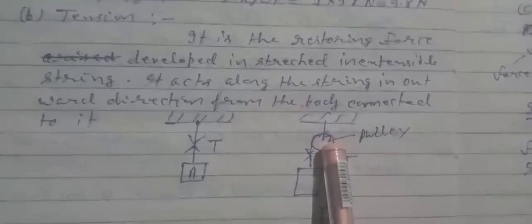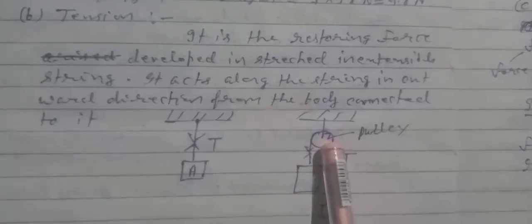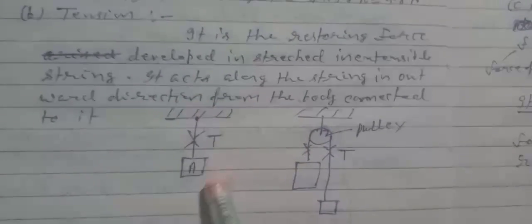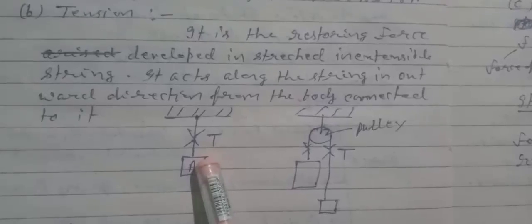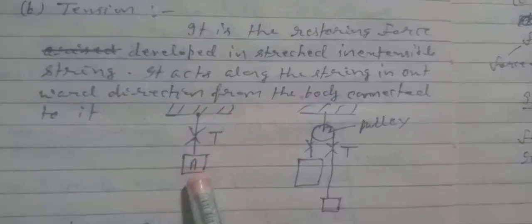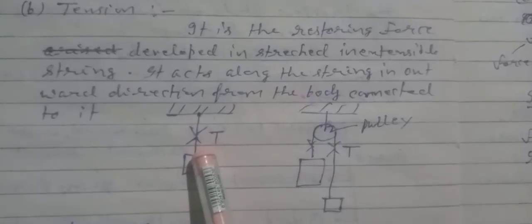So the force acting in the string when a string is stretched is called tension. For example, a body is hanged with a string as shown in the figure. Then a tension will arise in this string. Now it will act in the outward direction.